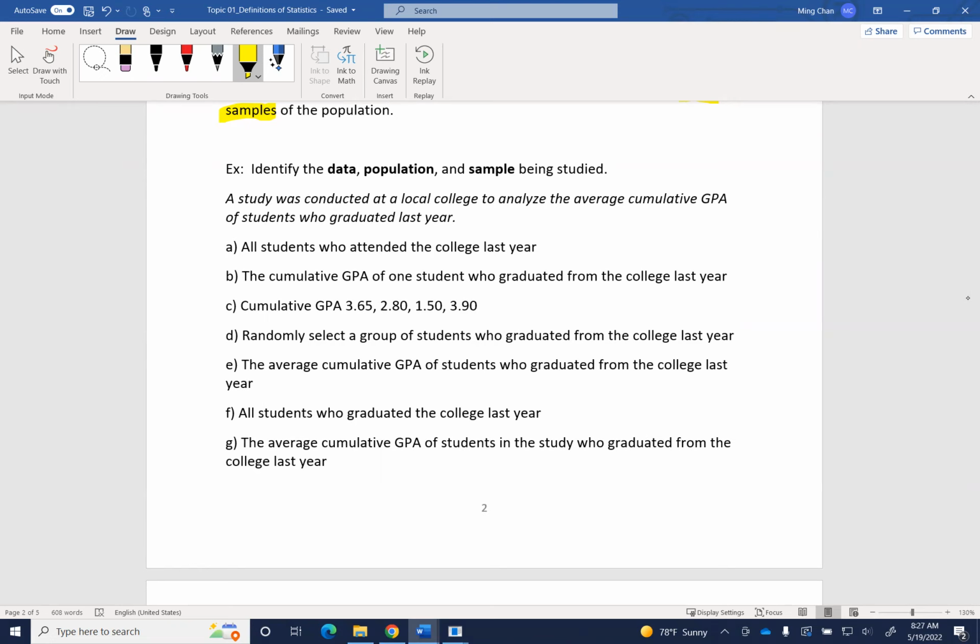That means all the students who graduated last year from this college will be your population. Not all the students who attended the college last year, because the survey is about the average cumulative GPA of students who graduated college. So all students who graduated college will be my population.